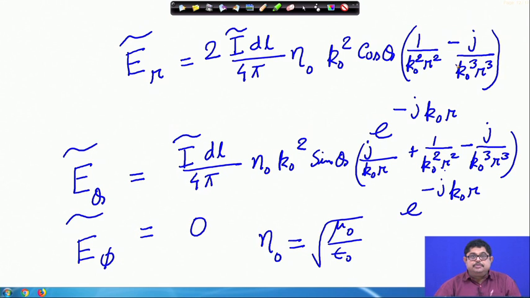So, that will come to the same as this E R component and E theta component, they will be same as the dipole's. So, that is why this name came, that these terms look like the dipole terms, but the question is where is the dipole coming here?